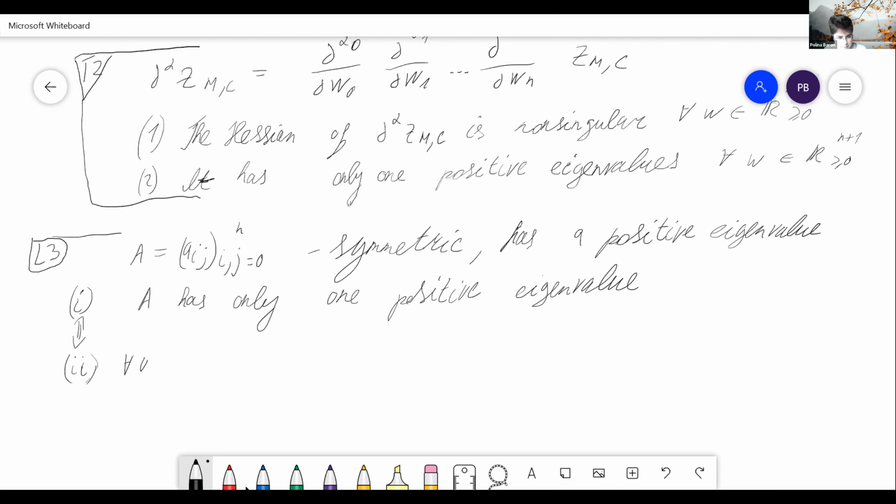For any U, W in Rn plus 1, such that this holds, we can write the following.